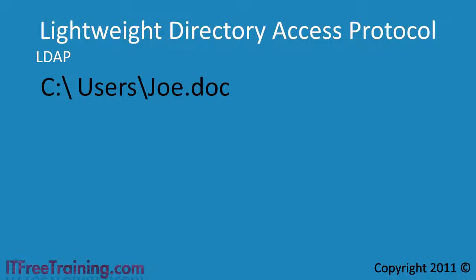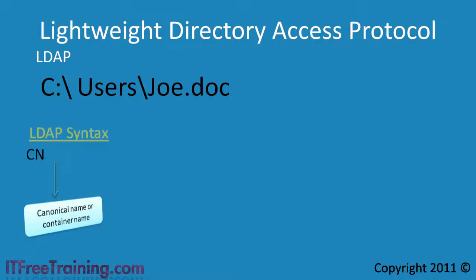If you think of LDAP accessing a hierarchy of folders and files, you will have no problem understanding the syntax it uses. The first terminology that LDAP uses is canonical name, or container name, or CN for short. Think of this as the file name in the example, or object in Active Directory. In this case, if you wanted to access an object in Active Directory called John, you would use CN equals John.